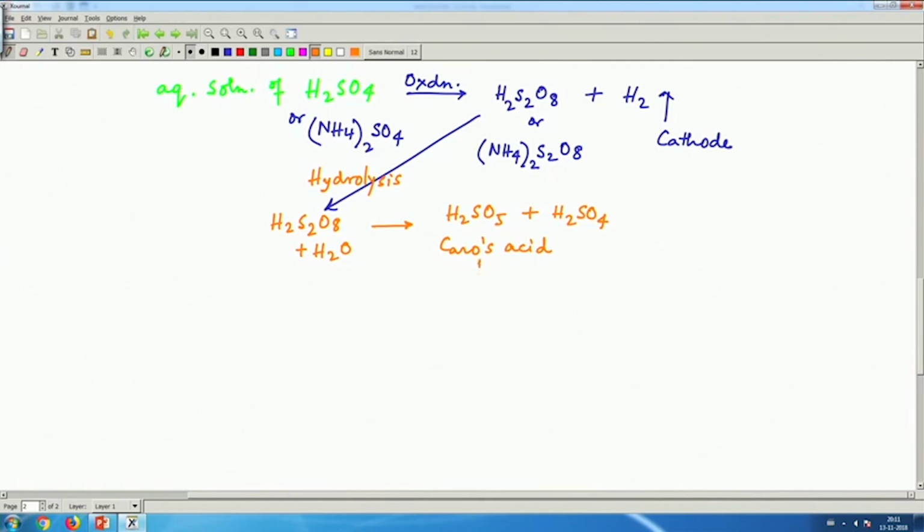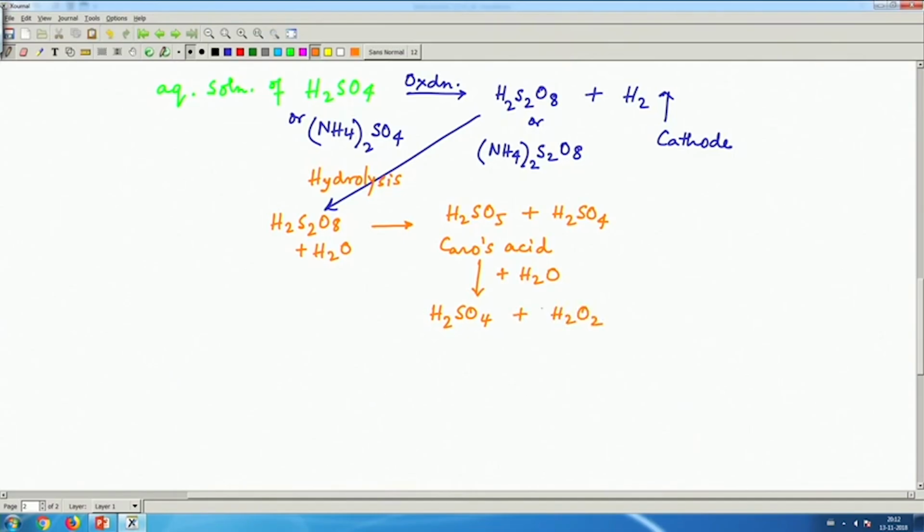So, when this is utilized for the reaction with H2O, it is giving us back our H2SO4 plus H2O2.